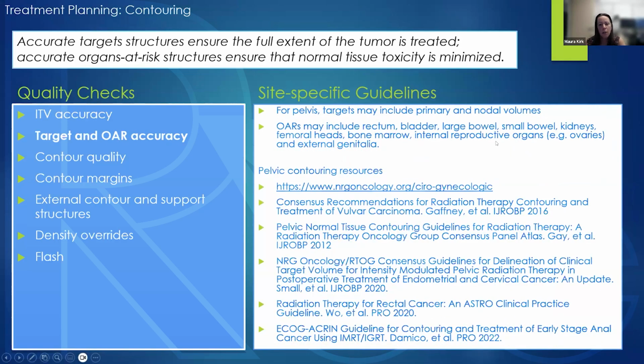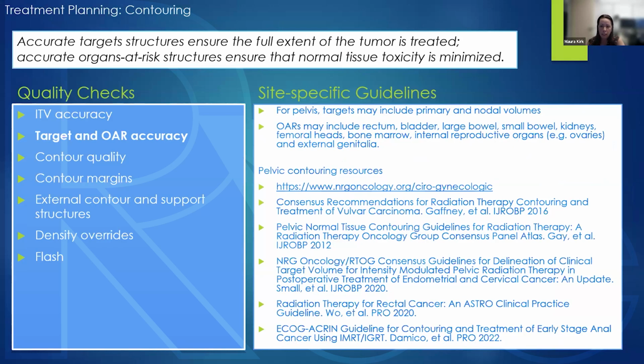For target and OAR accuracy, in the pelvis, the targets may include primary and nodal volumes. The OARs would include the rectum, bladder, large bowel, small bowel, kidneys, femoral heads, bone marrow. It may include internal reproductive organs and external genitalia. And there's a lot of really great pelvic contouring resources.